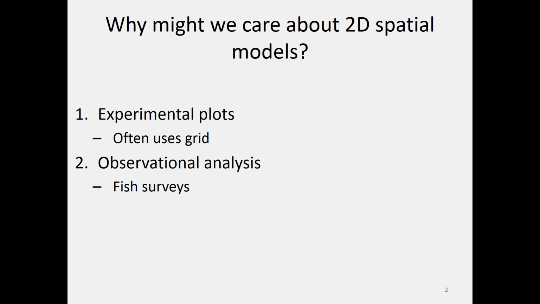He had an agricultural plot, and you'd have a treatment and a control next to each other, but some of the variation in this experiment was random due to uncontrolled differences in soil quality. And so you could have an experimental design where you've got some residual spatial variation that's worth modeling, and if you model that, you get better efficiency for a fixed sample size. And then there's the observational analysis, like we're already talking about.